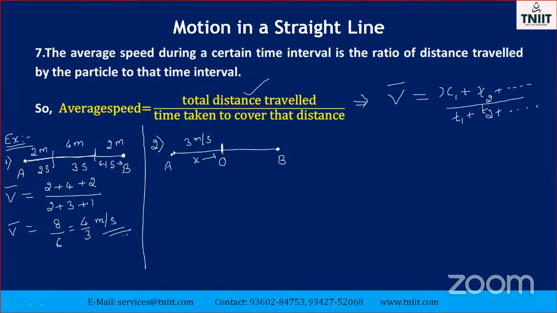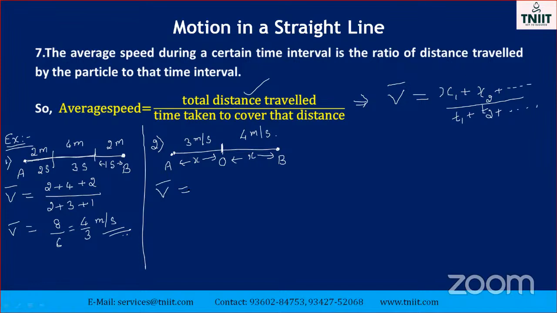This is x, the distance, equal distances. Then the second half of the distance is covered with the speed 4 meter per second. Can you find the average speed for this case?